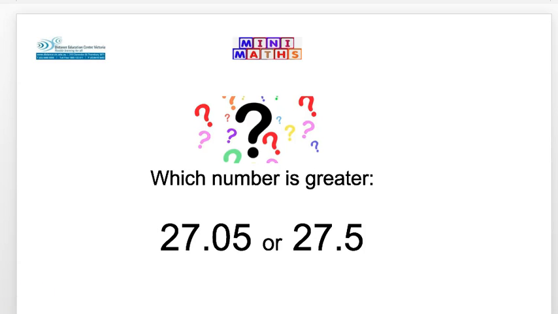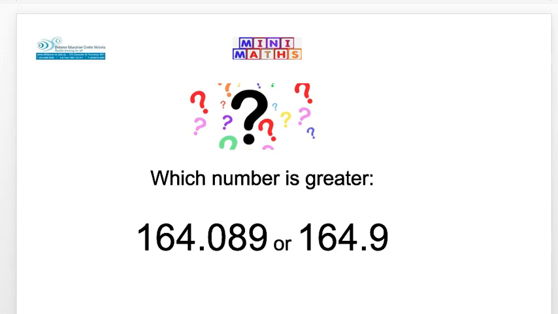All right, and so we went on: which number is greater? I think you should have it by now. Exactly the same. There are no tenths, but we have 5/10 here, so this one is greater because 5/10 is greater than no tenths. And which number is greater?